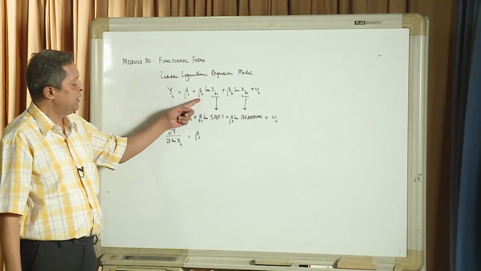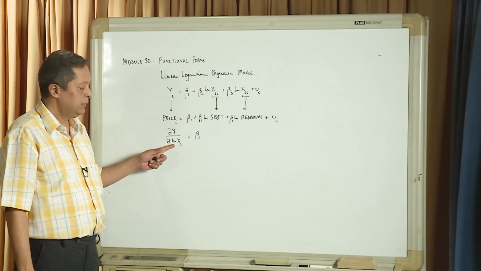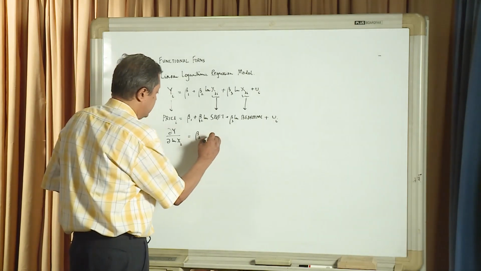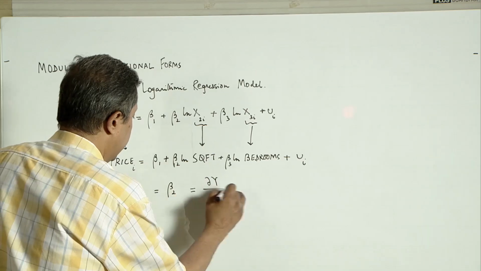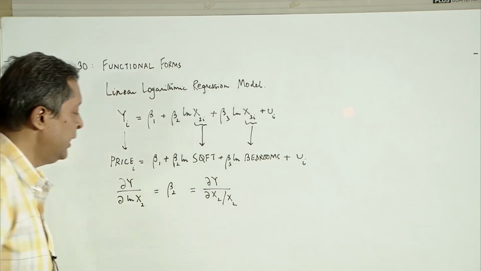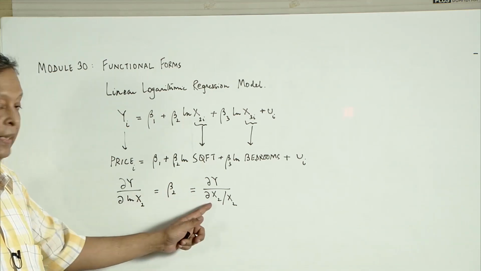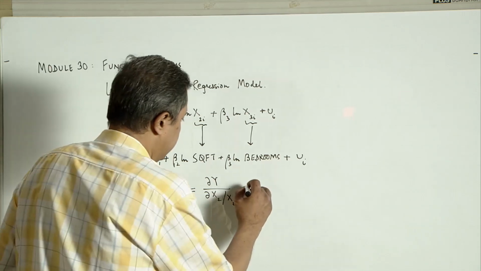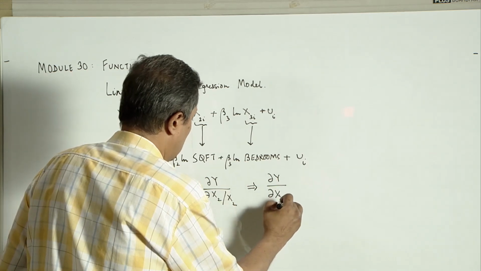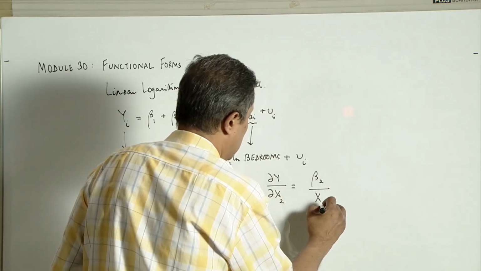That means, beta 2 is the rate of change of y with respect to the rate of change of log x2, but this denominator can be further elaborated and we can write this del x2 by x2. That means, this is the percentage change in the square feet area, which really means that del y del x2 is equal to beta 2 divided by x2.